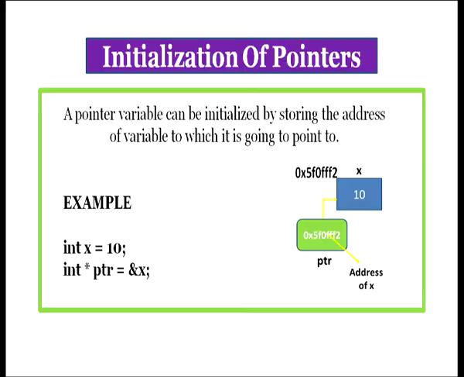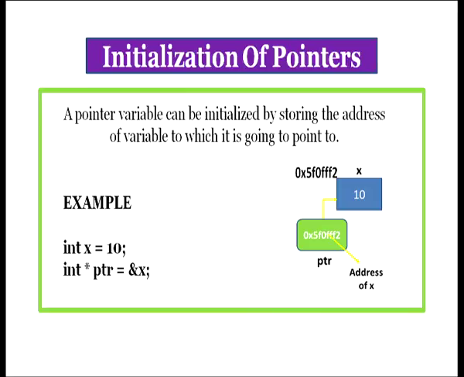Initialization of pointers. A pointer variable can be initialized by storing the address of the variable to which it is going to point. So, let us take an example. int x = 10. So, again 2 bytes of memory will be allocated to x and value 10 will be stored there. The next statement is int *ptr = &x.